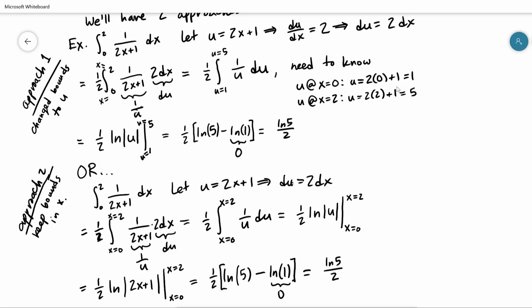Sometimes when you plug in, you wind up getting the same bound. You have a substitution that works out so that you get the same bound. This often happens when you're dealing with trig functions that are periodic. So I plug in one x value and it spits out a number. I plug in a different x value, it spits out the same number. And whenever I'm taking an integral and these bounds are the same, the whole thing is going to be 0, because essentially you're evaluating the area under a curve from this point to this point, and so it just winds up being a straight line.